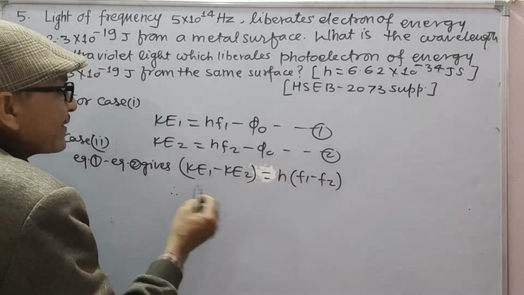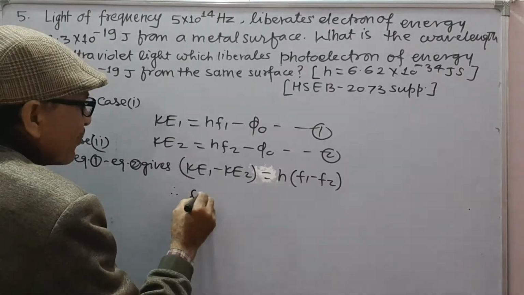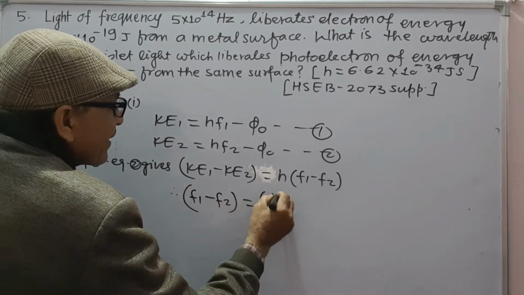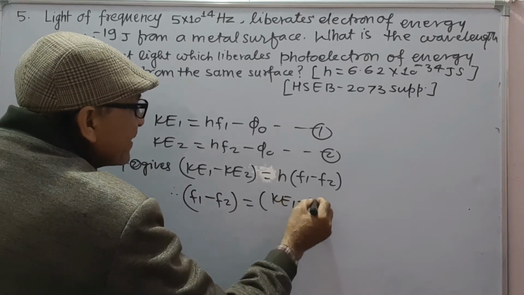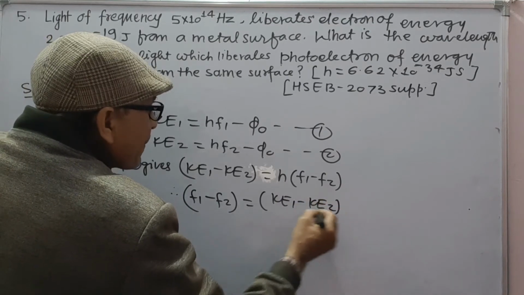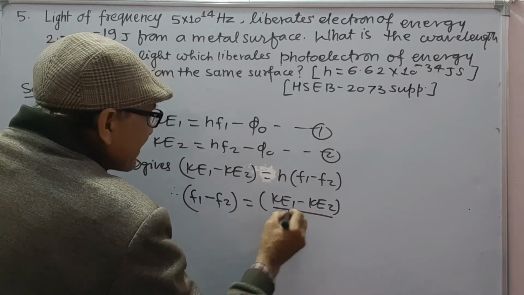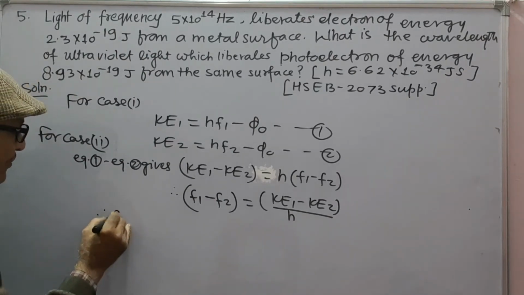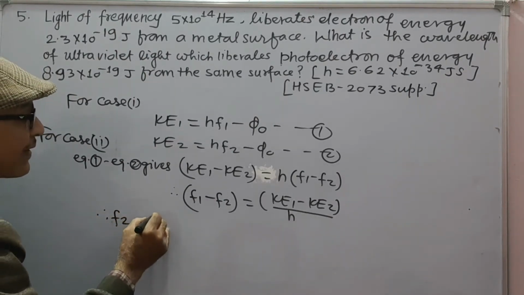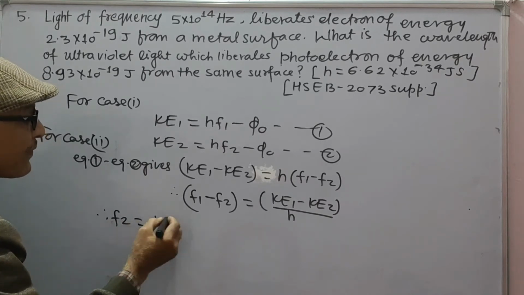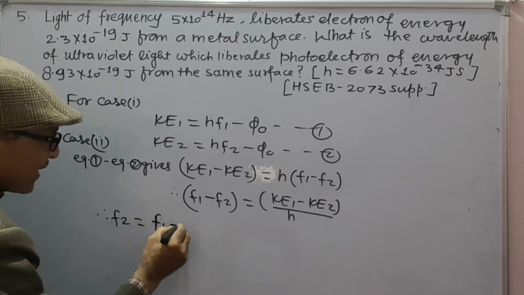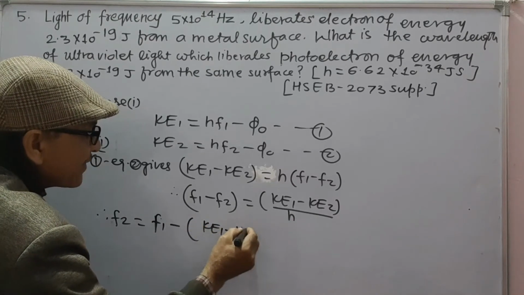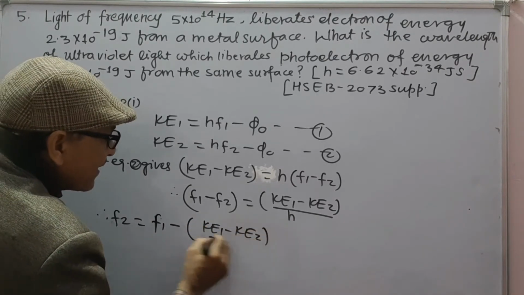Therefore we get f1 minus f2 equal to (KE1 minus KE2) upon h, and therefore f2 will be equal to f1 minus (KE1 minus KE2) upon h.